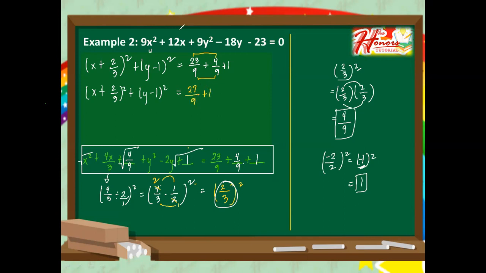And then let's copy again the left side of the equation because it is already done. So that is the quantity of x plus 2 over 3 squared plus the quantity of y minus 1 squared is equal to 1 and 27 over 9. We are not yet done.